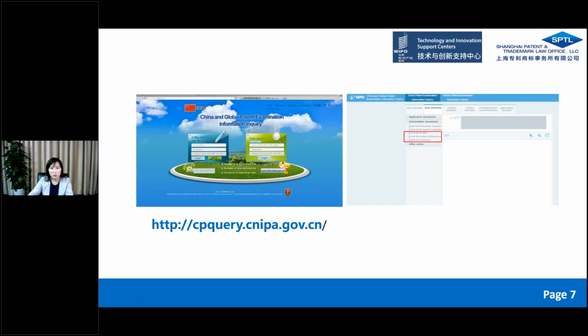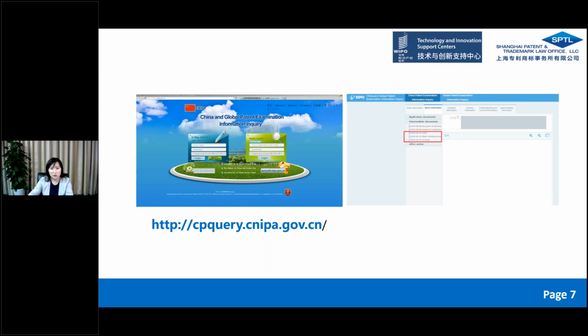This slide shows the website of the China Patent Examination Information Inquiry System. The left picture is the front page of the system. You may enter the system through public inquiry. If an observation is submitted, in the rights interface you may see a record named Other Certifying Documents as the intermediate documents.